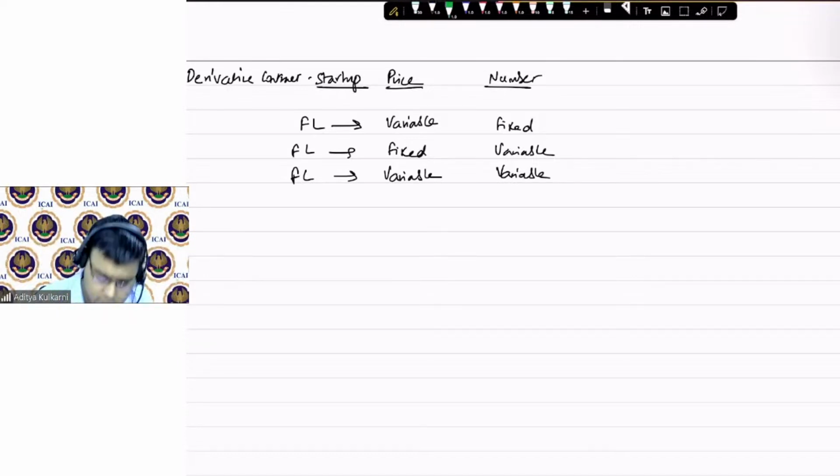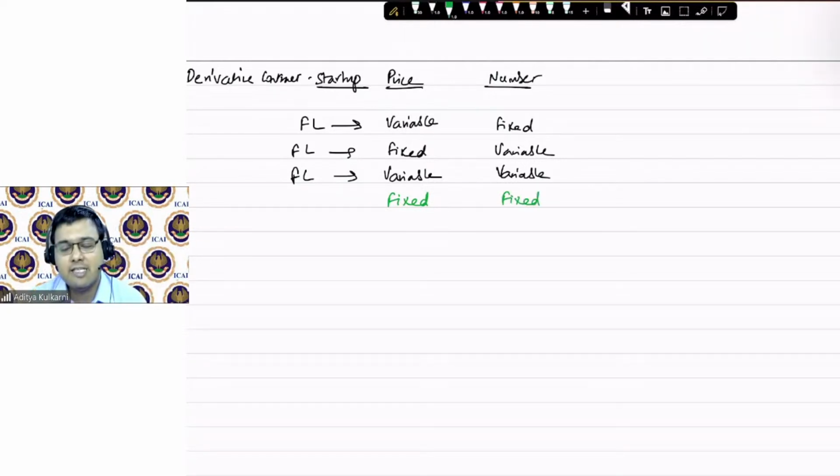But suppose the private equity fund says that after a particular number of years, I am going to buy these many shares at this much price. You are fixing the price. You are fixing the number right today itself.